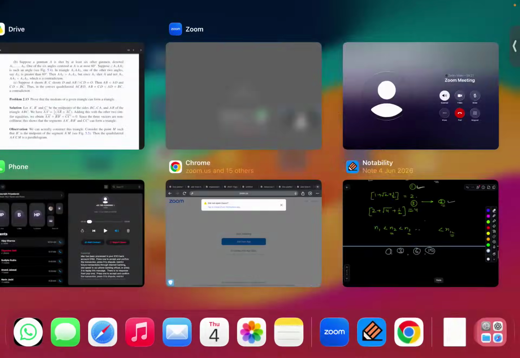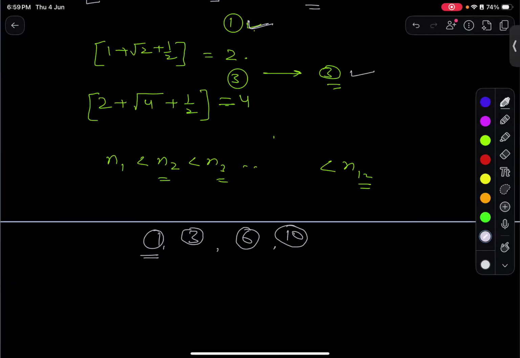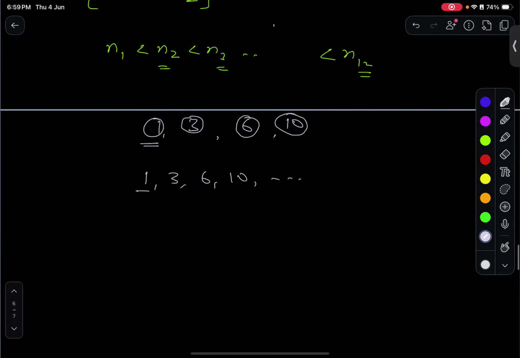So these numbers are saying that we are losing the numbers 1, 3, 6, 10. You must remember this number. Why? Because first number is 1, second is 3, so the differences are in AP. Or you must know this number is called the triangular number.